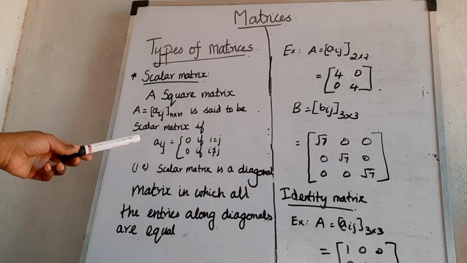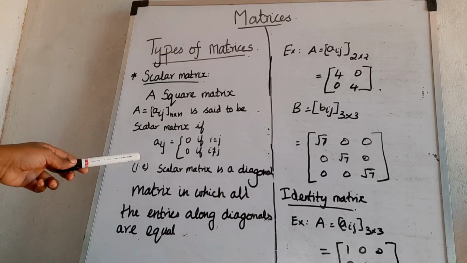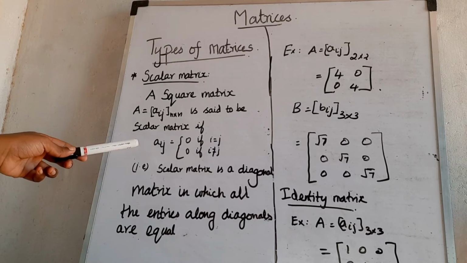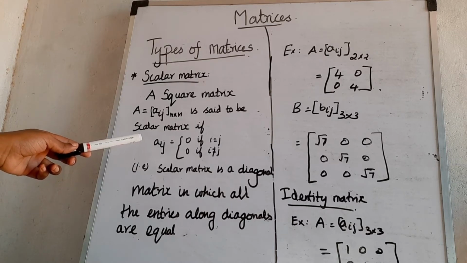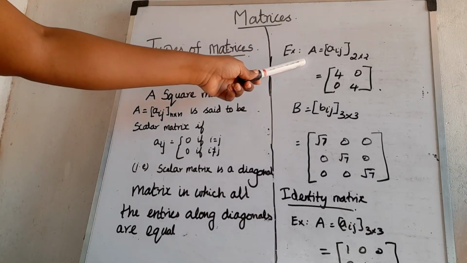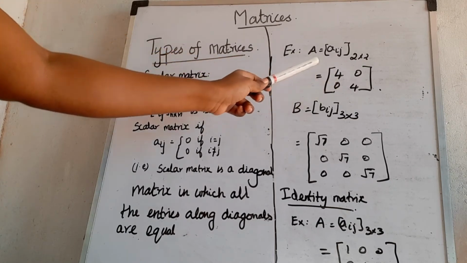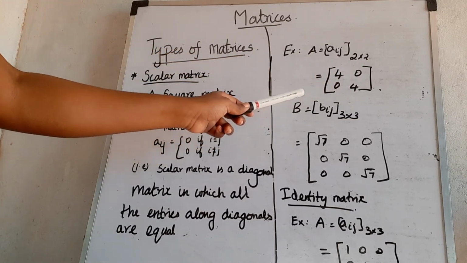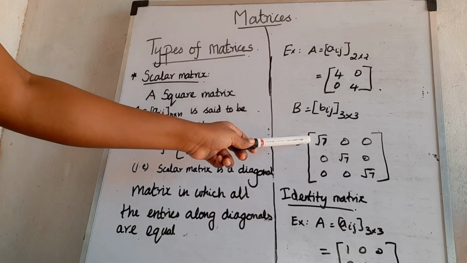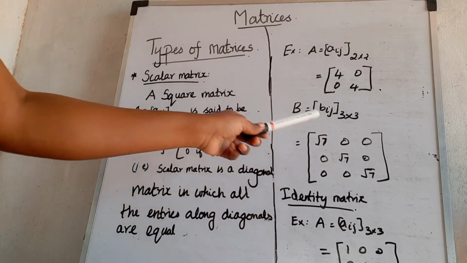A scalar matrix is a diagonal matrix in which all the entries along the diagonal are equal. Here it is a 2 × 2 square matrix where the diagonal entries are equal. Coming to the next one, B, a 3 × 3 matrix, here also all the diagonal entries are equal.